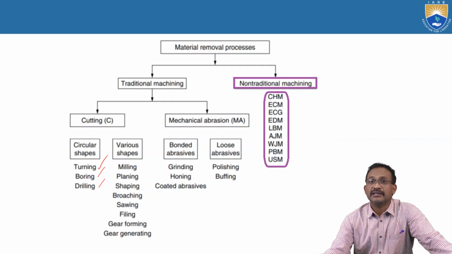Again, in turning, there are different varieties. Step turning, taper turning, we'll see. Here turning will be done by a lathe machine. We know about lathe machine and the different operations performed on lathe machines. We'll see all these traditional machineries in detail later if at all required.